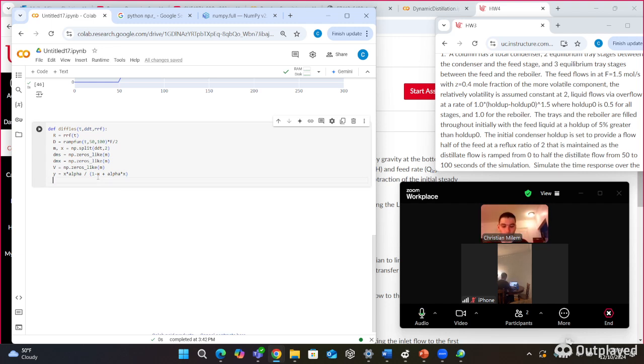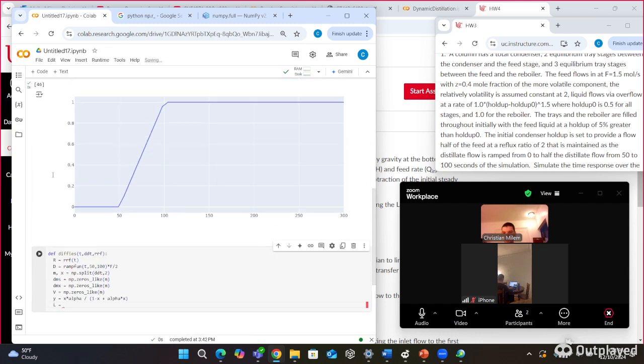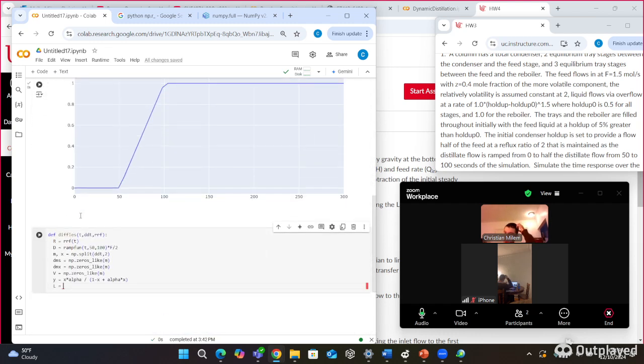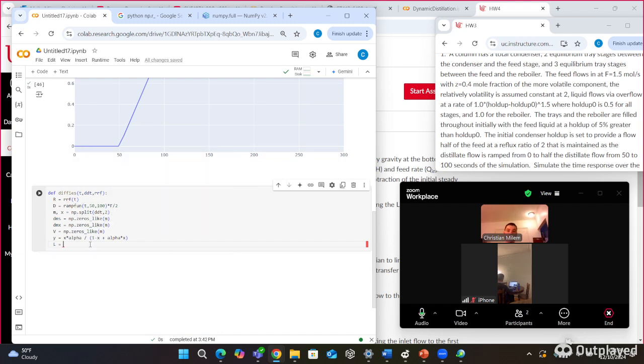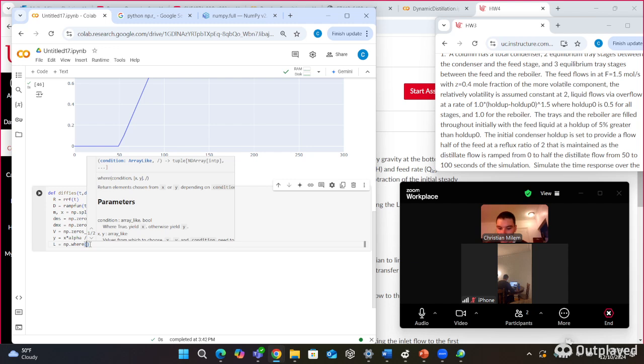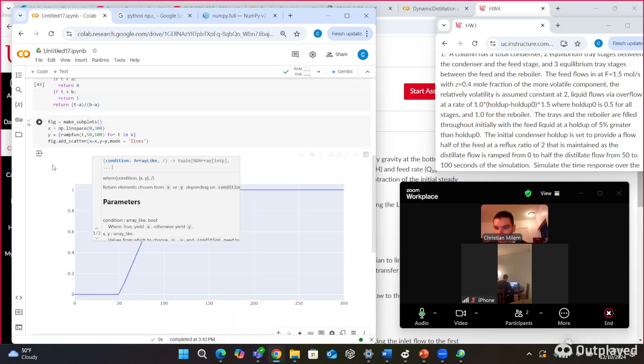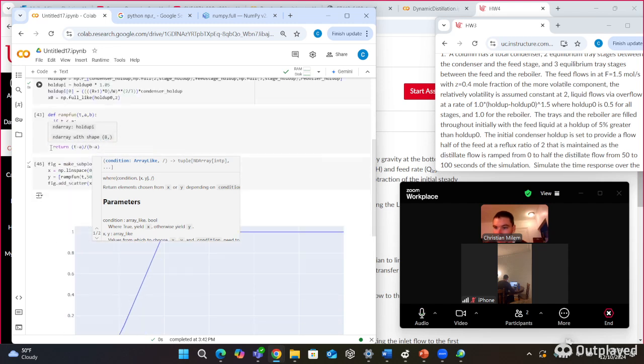Now we need our liquid flow rate, and we can get this with our Weir equation. But we're only going to have a liquid flow rate whenever the holdup of the current stage is greater than the holdup naught, which is the holdup where it's at that height, but you don't actually have anything flowing over. So we need np.where, and that's greater than holdup 0.